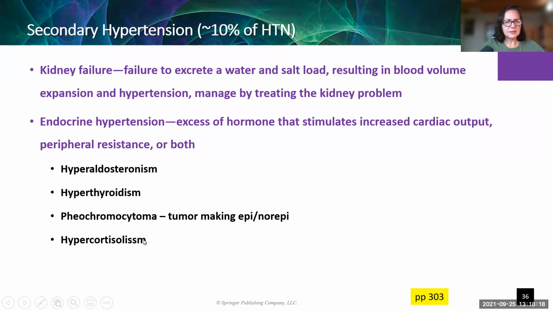Hypercortisolism. There's a typo. But addressing the underlying cause can help fix the hypertension. But that, like I said, is in a minority of our hypertensive patients. Most of them, we say they have primary or essential hypertension.